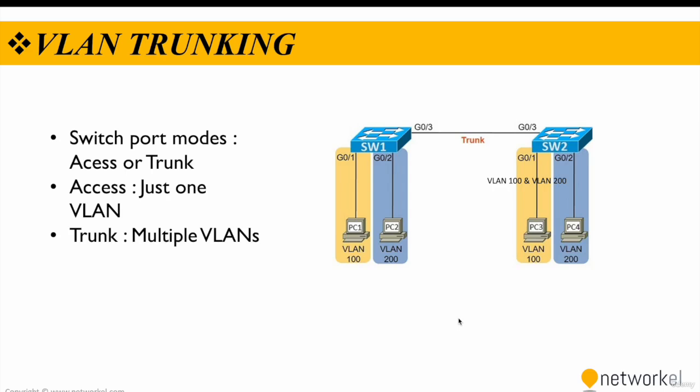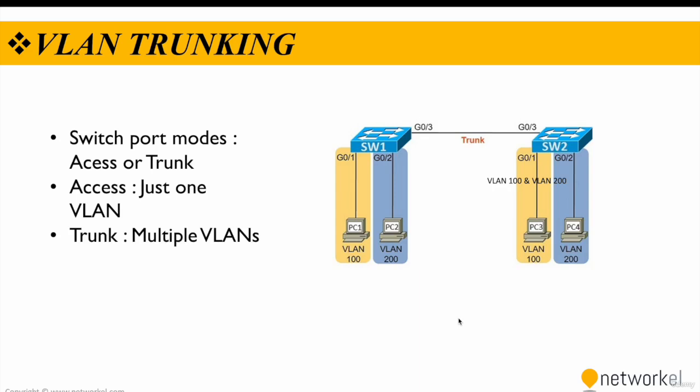On the other hand, a trunk port is a switch port configured to carry traffic for multiple VLANs simultaneously. So trunk ports use VLAN tags to identify which VLAN a frame belongs to, allowing a single physical link to carry traffic from multiple VLANs.